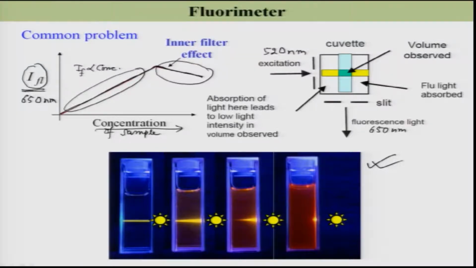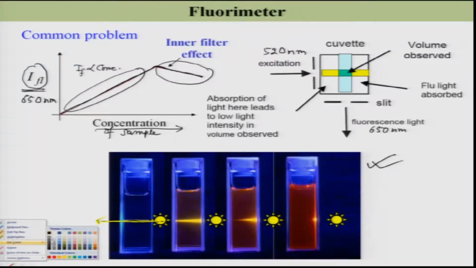When your solution is dilute, this excitation light will completely pass through, right. Let me change the color. This excitation light will completely pass through, like this way. And as I said, this is the geometry of my excitation.